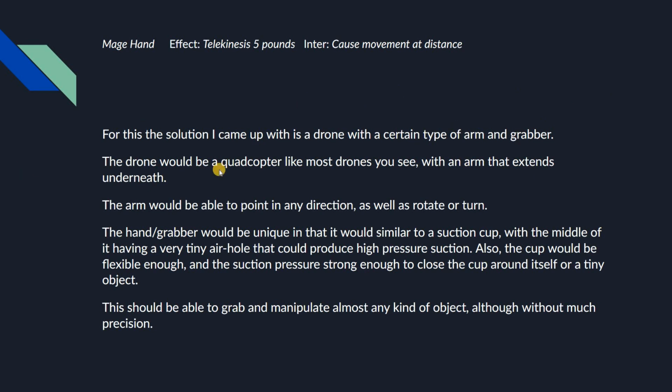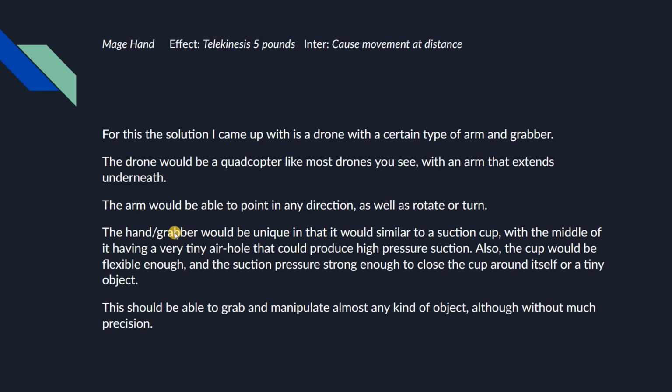The drone would be like a normal quadcopter, and then an arm that extends underneath. The arm would be able to point in any direction, as well as rotate and turn. So it would have multiple joints basically, and that allows it to turn like a hand, or rotate like the elbow and shoulder.